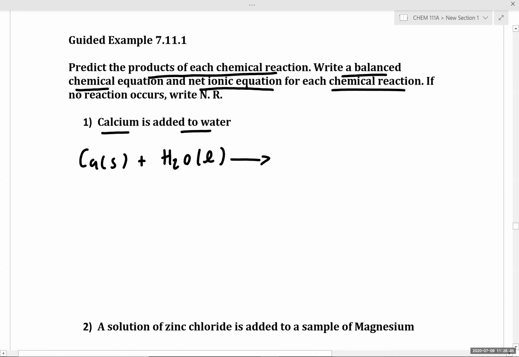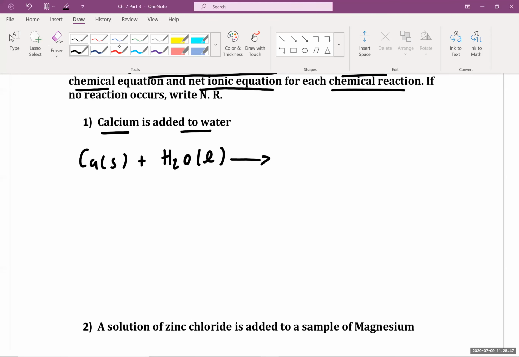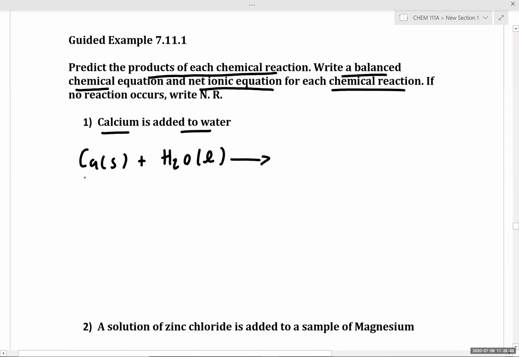Okay, what type of reaction springs to mind when you have this pure element, this pure metal, and a compound? What type of reaction does this remind everyone of? Where we have a metal and water, what do we call this kind of reaction?